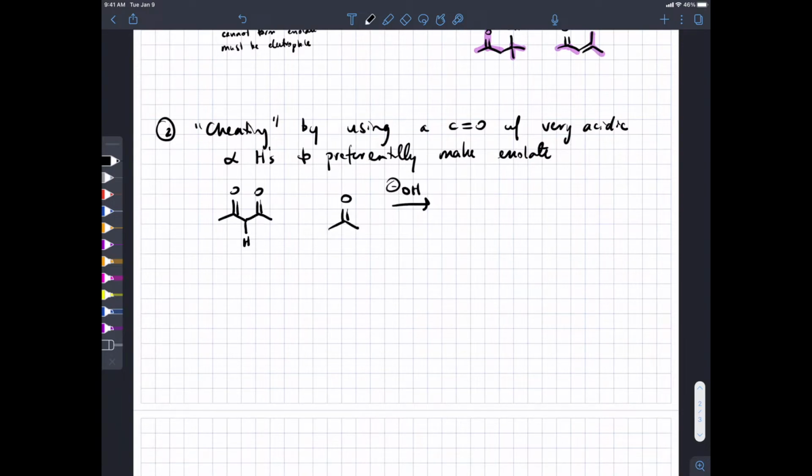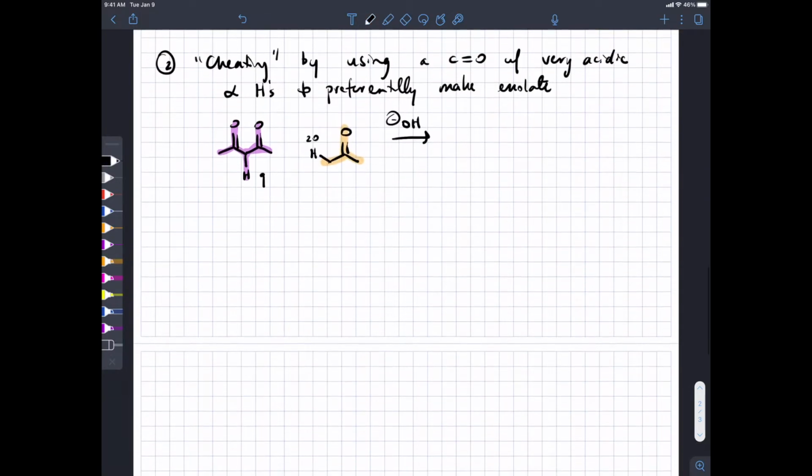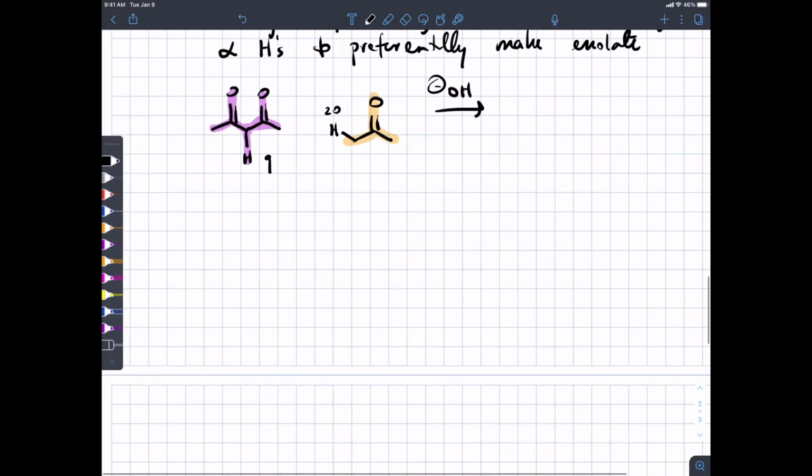The pKa of the proton that's alpha to both carbonyls is 9, whereas the pKa that's alpha to just one is around 20. So there's zero chance of making the enolate from the simple ketone.